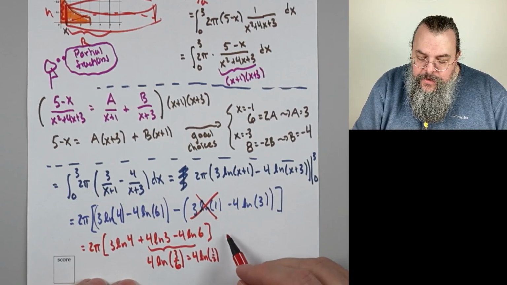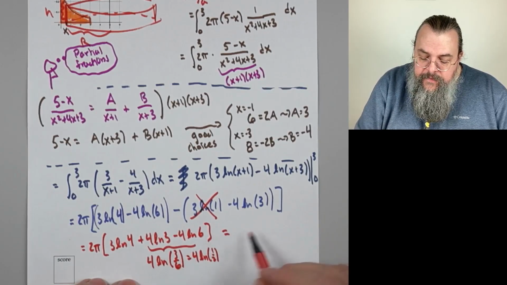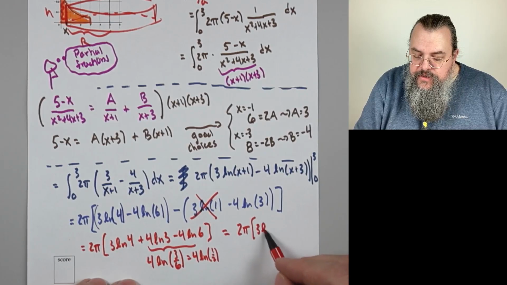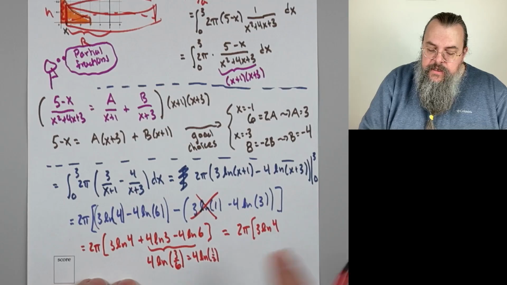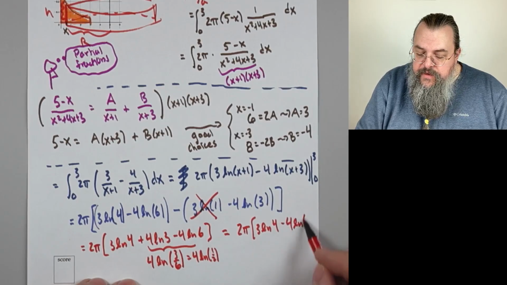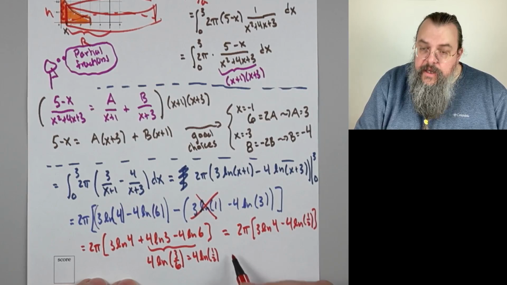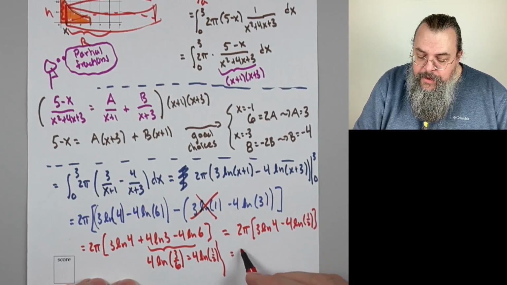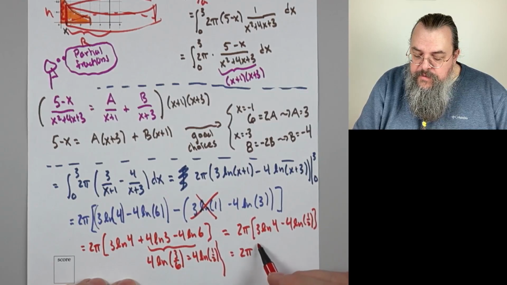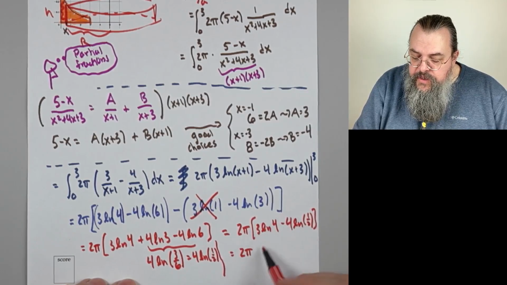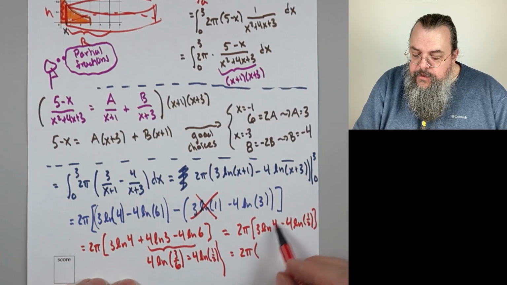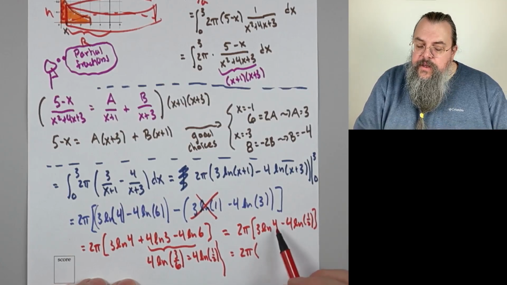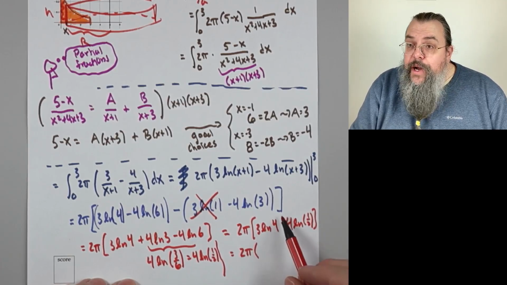Well, so we have 2 pi now of 3 natural log of 4, and then plus 4 natural log of a half. But again, using properties of logs, we can keep going. Why not? So the 3 goes in, natural log of 4 cubed, or actually, let's do it this way. What's 4? It's 2 squared.